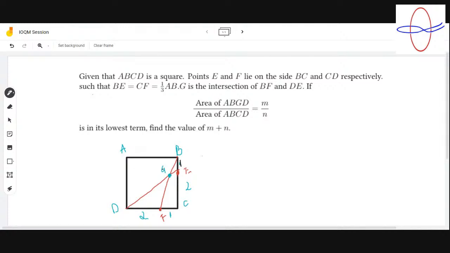Give ideas. Tan of FBC is equal to tan of EDC. Why is that so? Why do you think it's so?